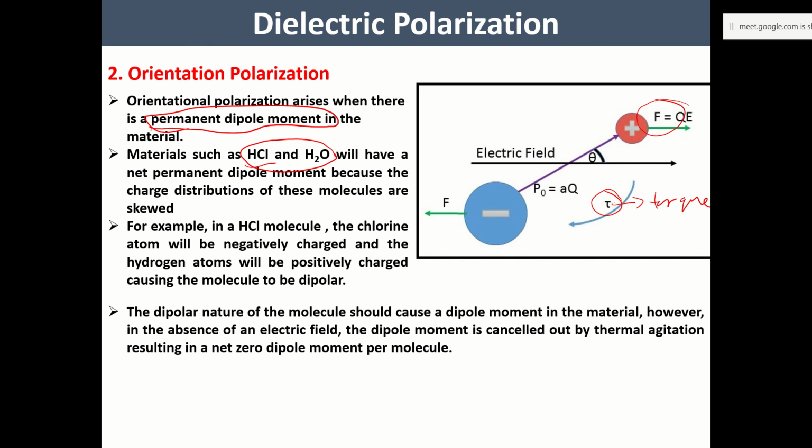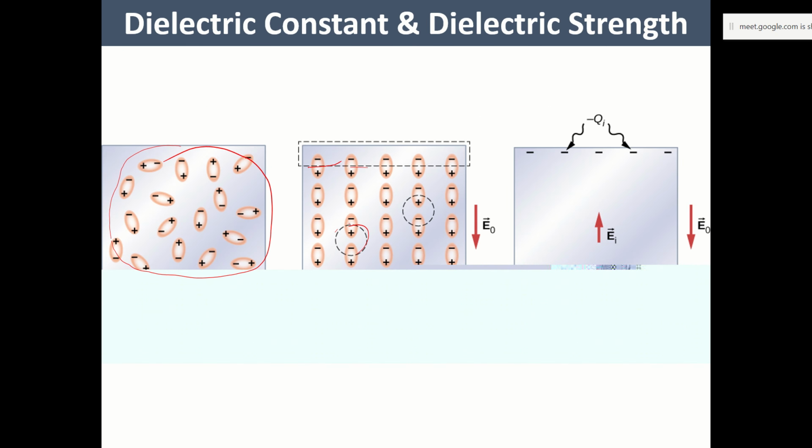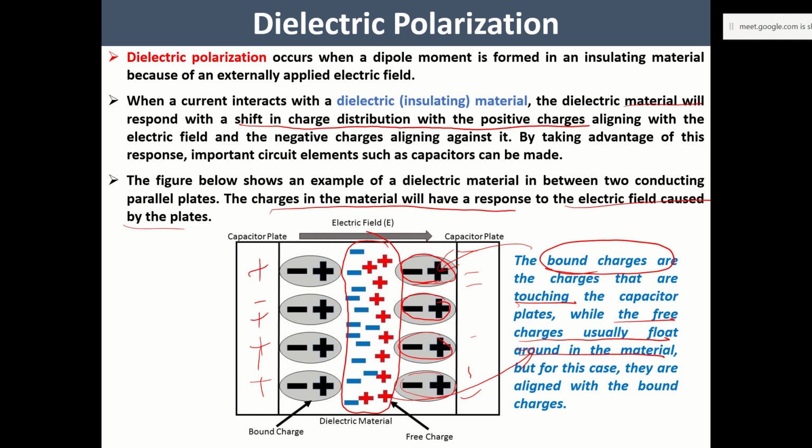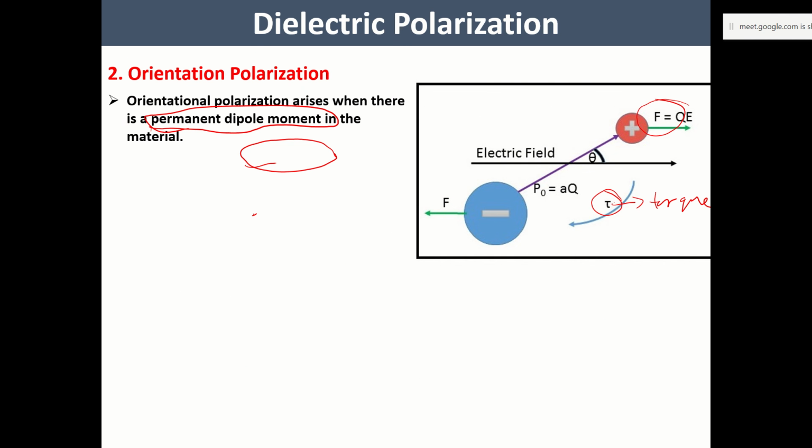Between the parallel plates, if you have HCl, the Cl will be pointing towards the positive plate, and the partially charged H plus atom will be facing the negative plate, so that will be the tendency. This is the orientation that will happen, which was shown in the previous picture. There is no proper orientation, and then it gets oriented. This is the second case, where we are talking about orientation polarization.